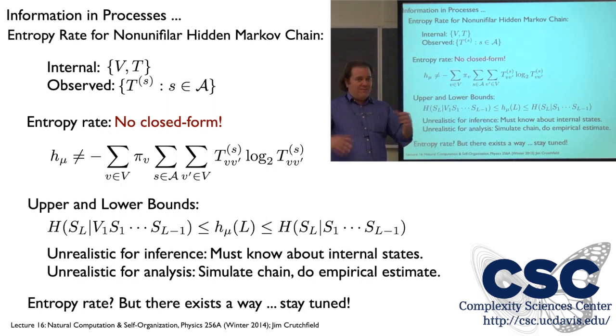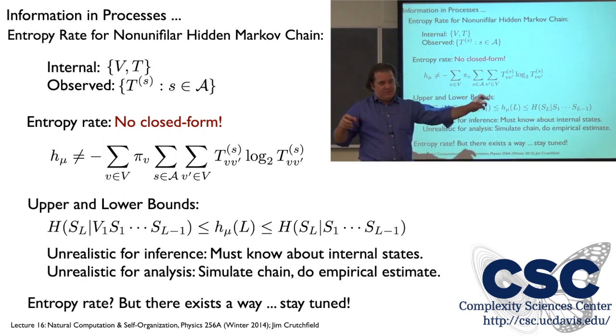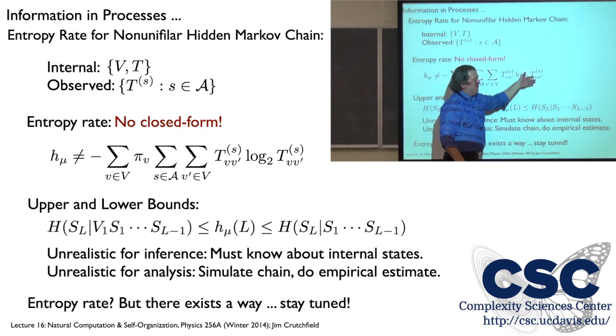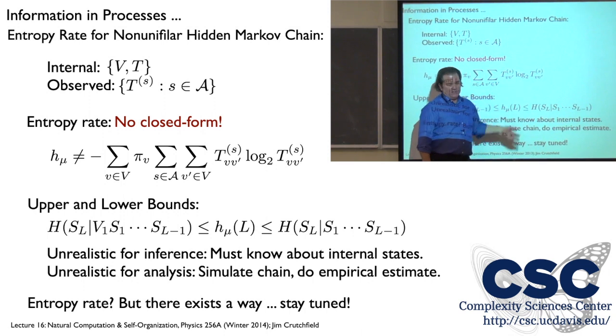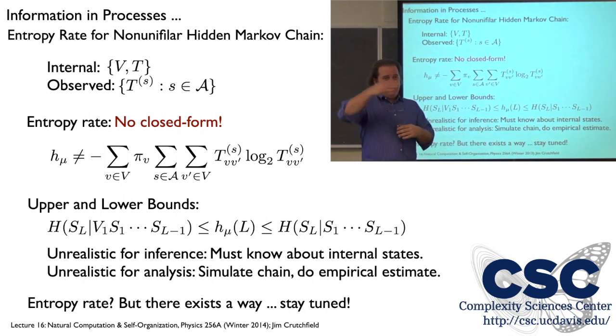Again, why? Because there's this huge mismatch in the non-unifilar case between state sequences, the entropy of which is really controlled by the transition matrices, and what you're observing. So typically, this will be an overestimate of the actual generated process's entropy rate.